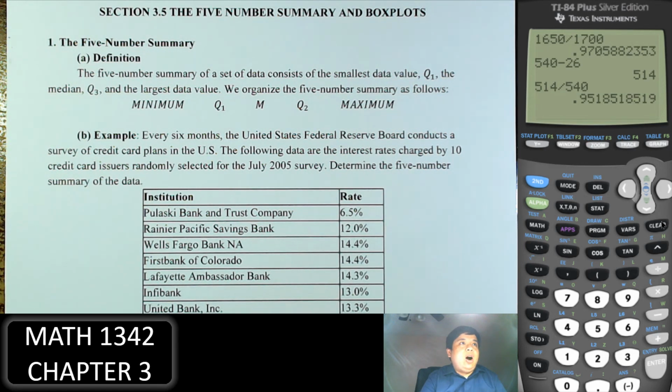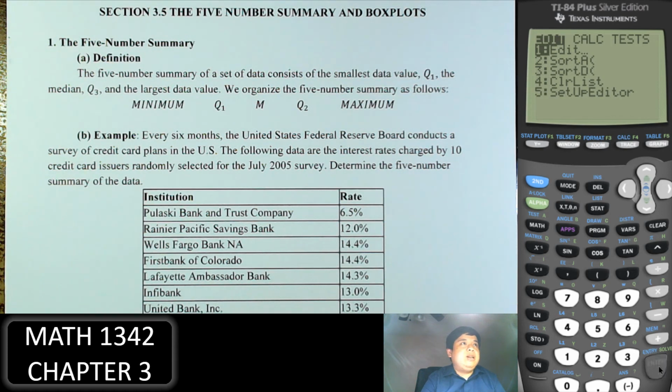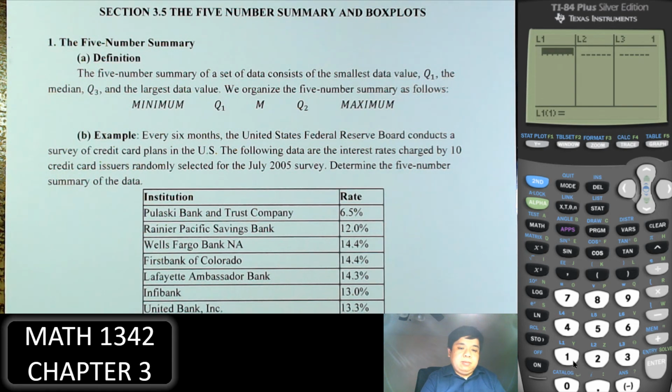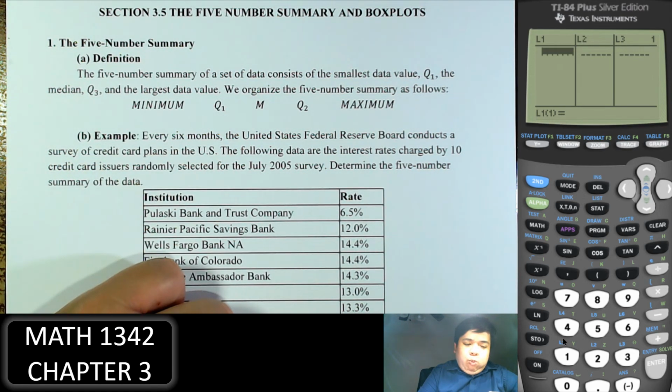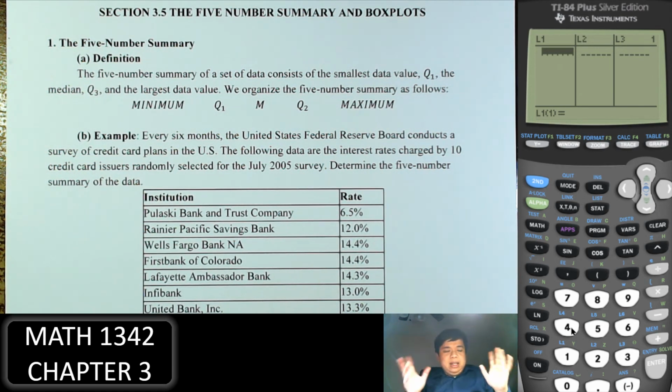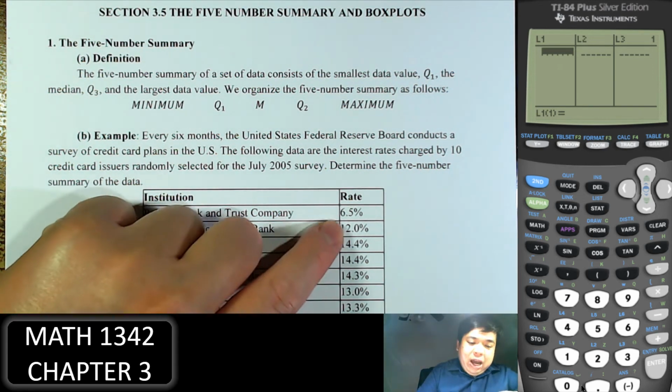Actually, on the calculator, let's see, do we still have any list? If we just find the median, which is Q2, and then the median of the first half and the median of the second half, that will be Q1 and Q3. That's simple. Now, what if we enter all the numbers here?